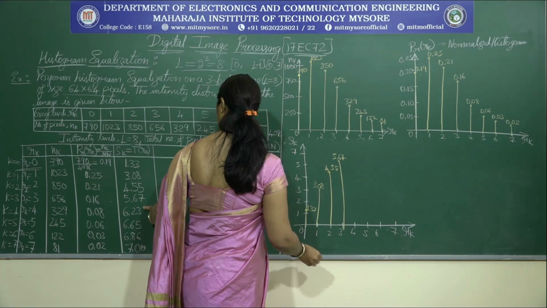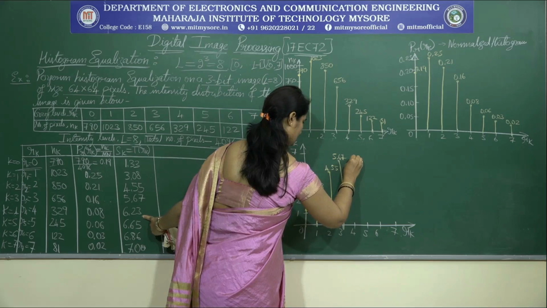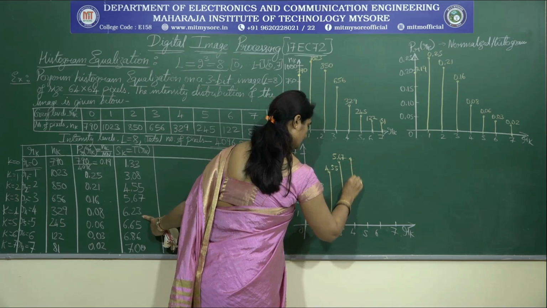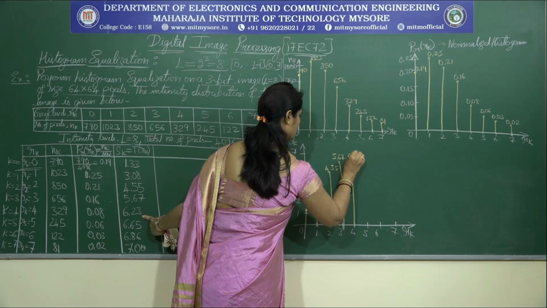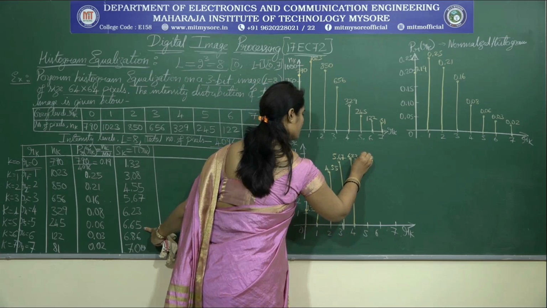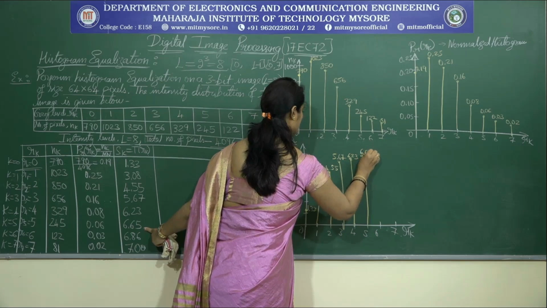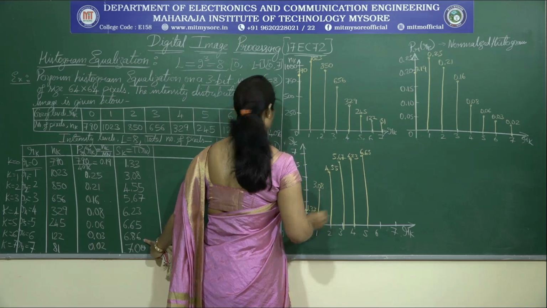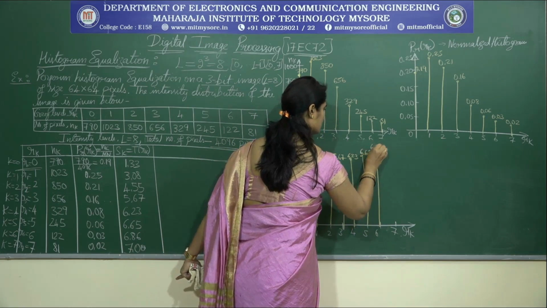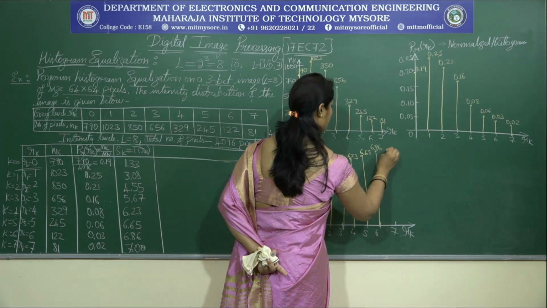When Rk equals 4, it is 6.23. For R equals 5, it is 6.65, closer to this. For R equals 6, it is 6.86. For R equals 7, it is 7.